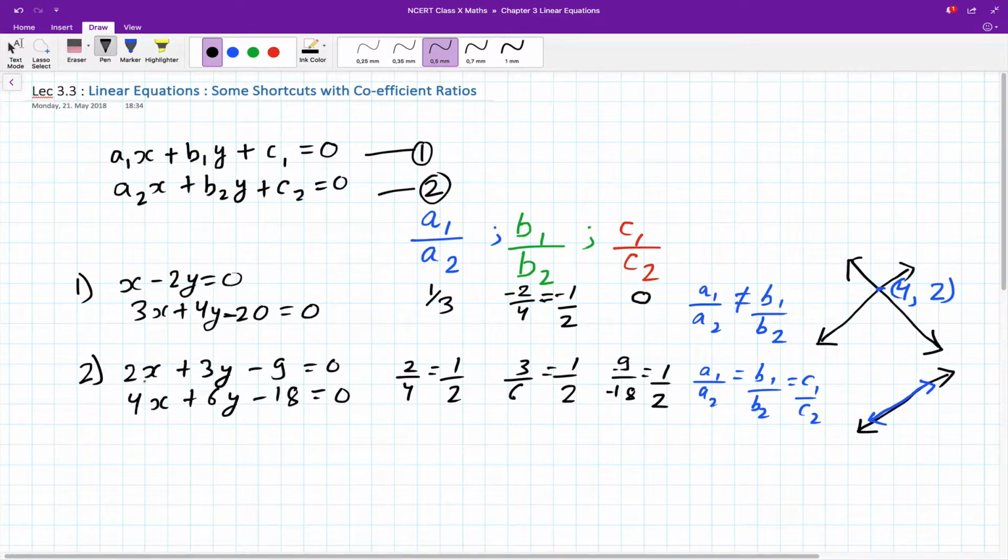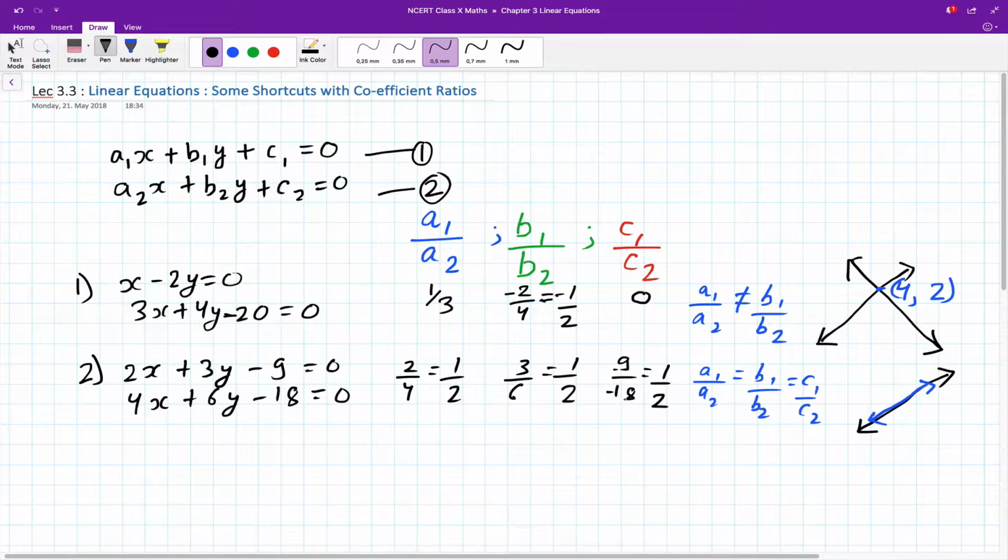The first linear equation, 2x plus 3y minus 9 equal to 0, and the second, 4x plus 6y minus 18 equal to 0. In this case, if we have a look at the ratios, a1 by a2, 2 by 4 is 1 by 2, 3 by 6 is 1 by 2, and minus 9 by minus 18 is 1 by 2.